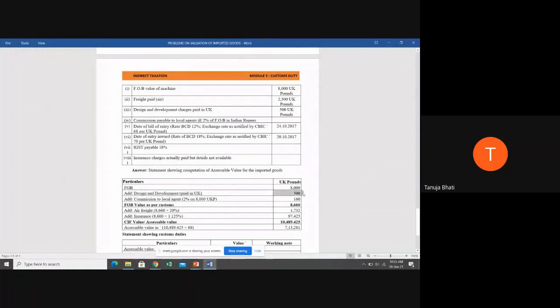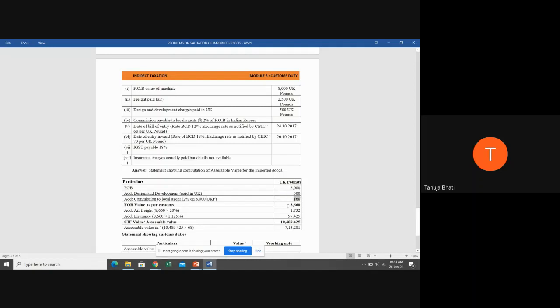So 500 UK pounds. Local commission paid to local agent is given as 2% of FOB. So 2% on 8,000 is 160. Later we can convert it. Do either way, the answer will be the same, students. So 2% of 8,000 is 160 UK pounds.